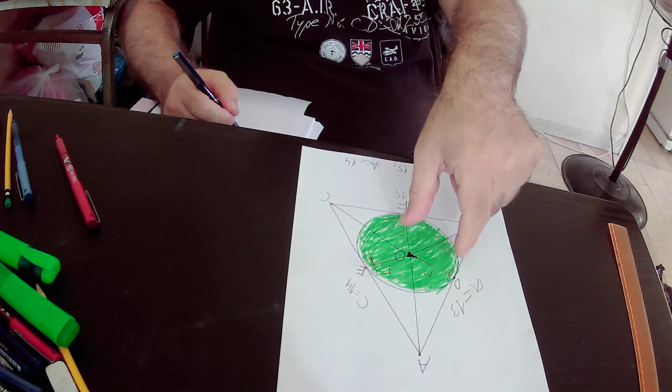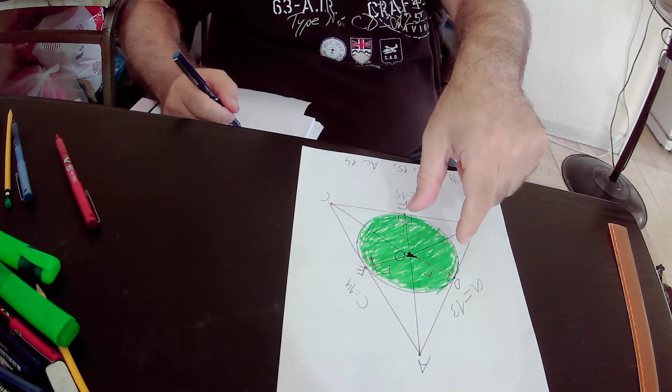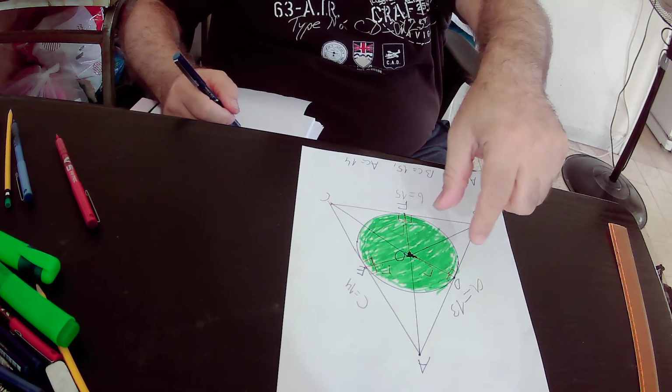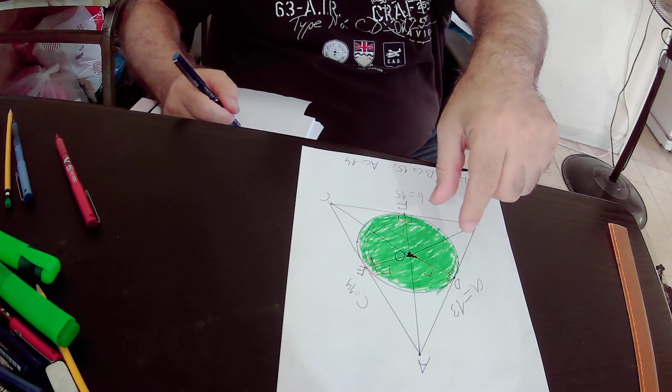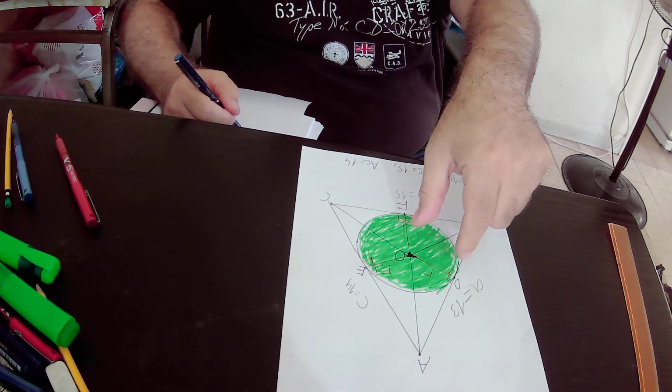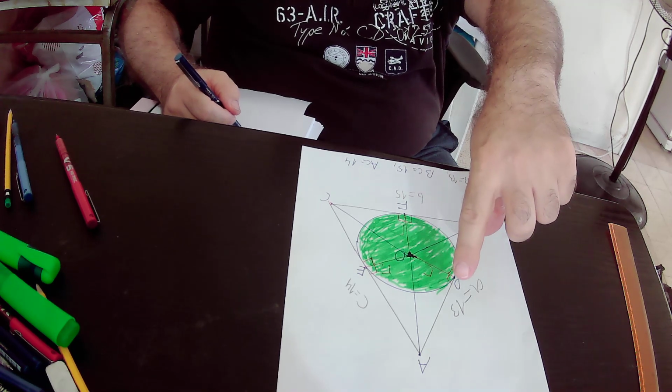The height must create 90 degrees with the base, so the height of triangle AOB is actually the radius of the green circle, because this radius creates 90 degrees with the base AB.